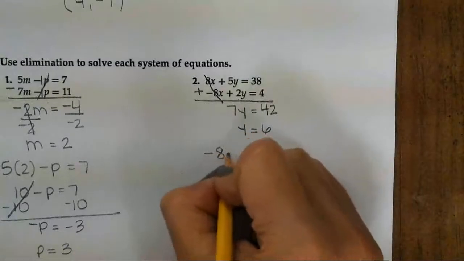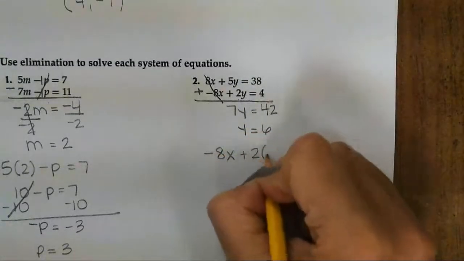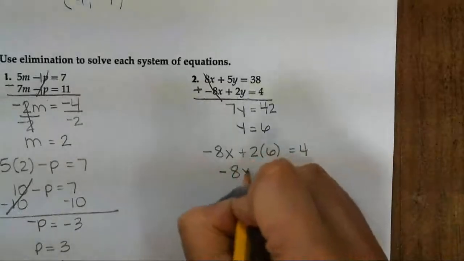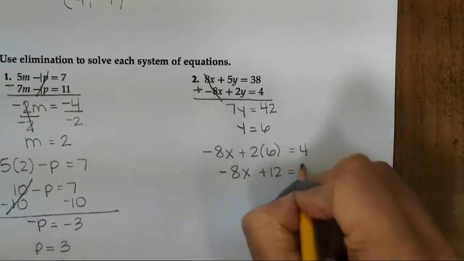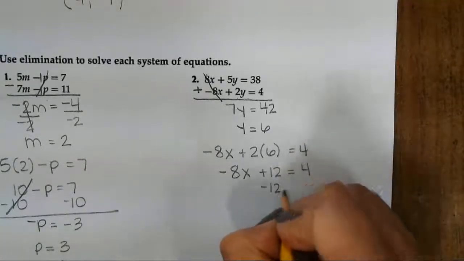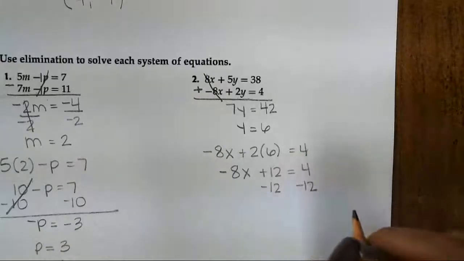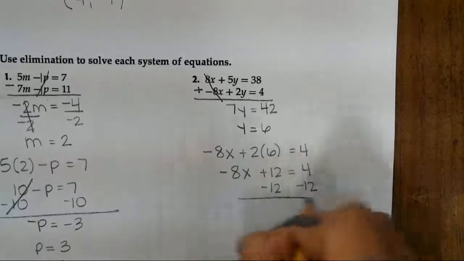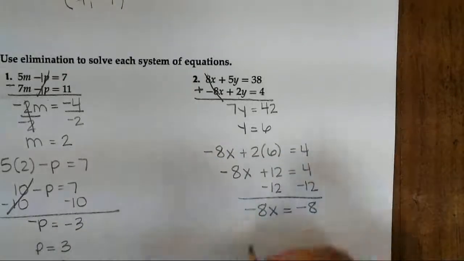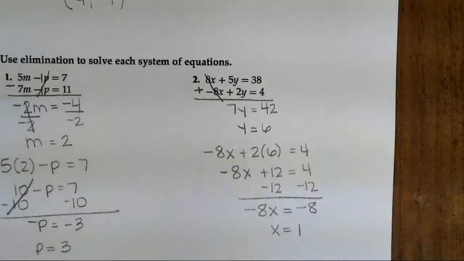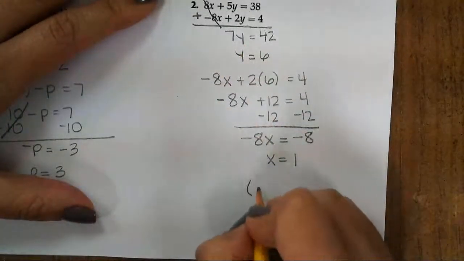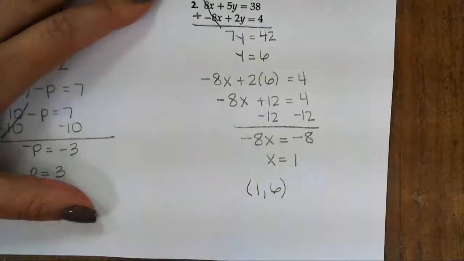So I've got negative 8x plus 2 times my y equals 4. So negative 8x plus 12 equals 4. Subtract 12 from both sides, and you've got negative 8x equals negative 8. So x gives us positive 1. Again, alphabetically, so x first, then y. Your answer is 1, 6.